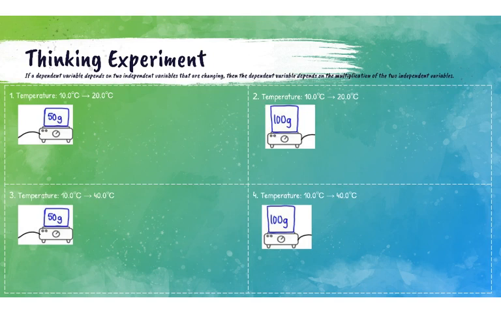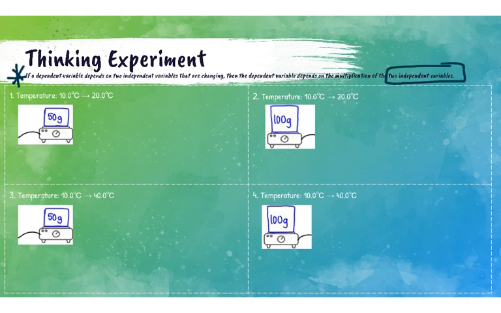One important thing I want to point out, which is also on the note document: if a dependent variable, and our dependent variable is going to be heat, depends on two independent variables that are changing, then the dependent variable depends on the multiplication of those two independent variables. That's what we're going to be seeing when we do our experiment.